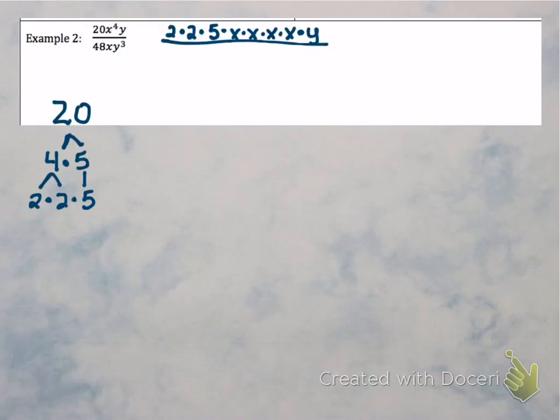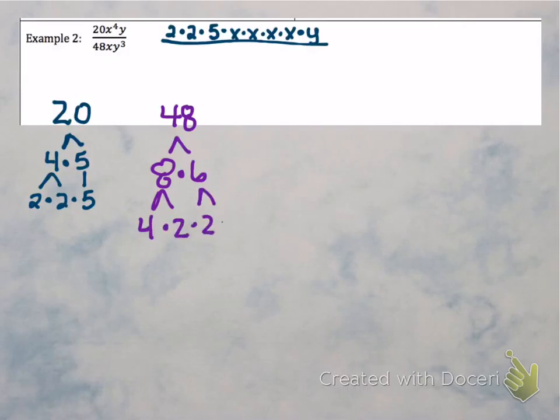And then I want to think through my denominator. My denominator has a coefficient of 48, so I'm going to break that down into its primes. 48 is 8 times 6. Again, it doesn't matter what you start with as long as you break it all the way down. That's 4 times 2, and 6 is 2 times 3. And my 4 I can break down a little further.